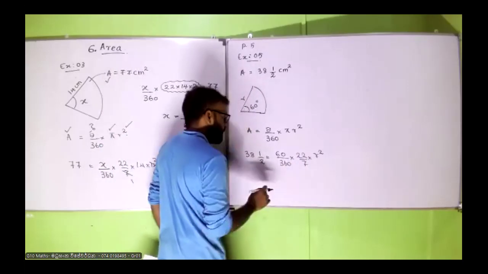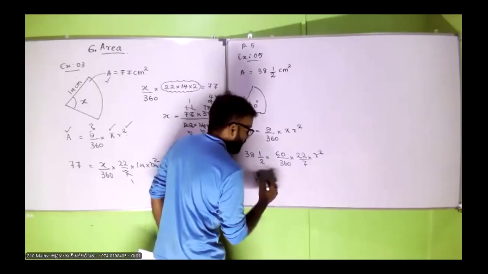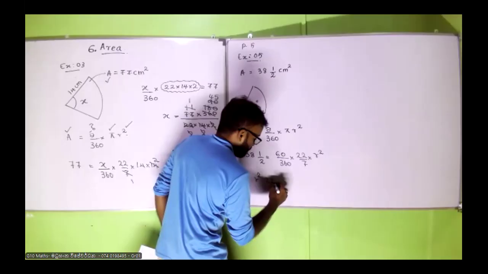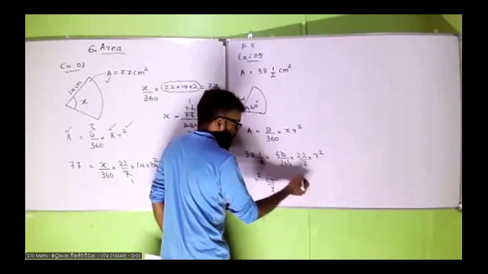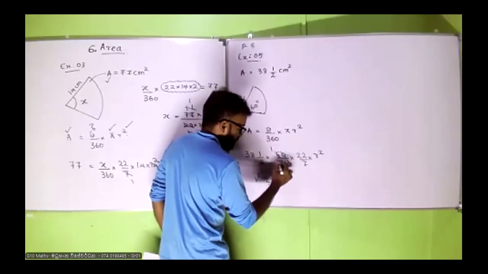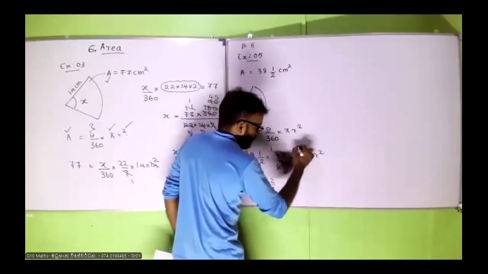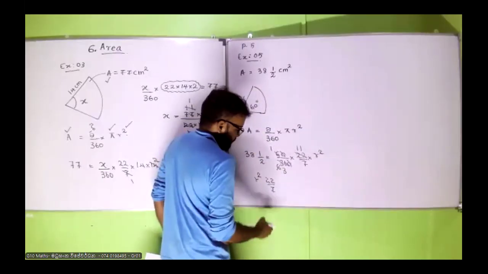Before that, I am going to change the side. r squared times 22 upon 7. Here I can simplify a little bit: 6 times 1, 6 times 6, 6 times 3, 2 times 11.